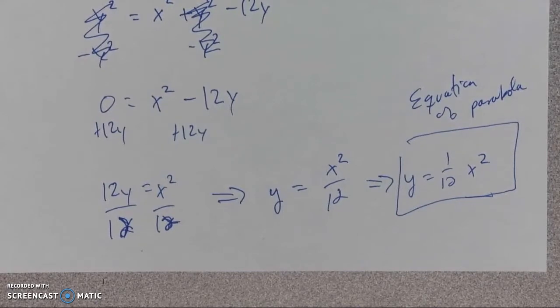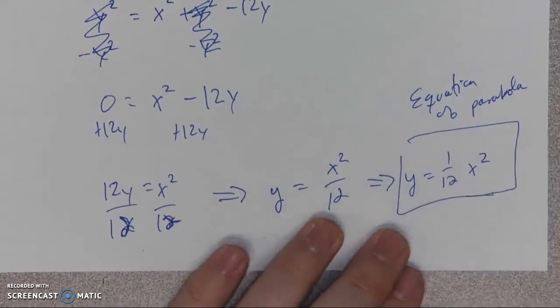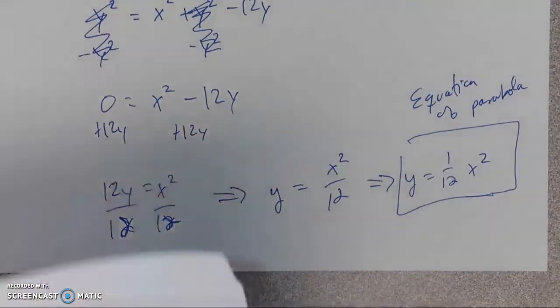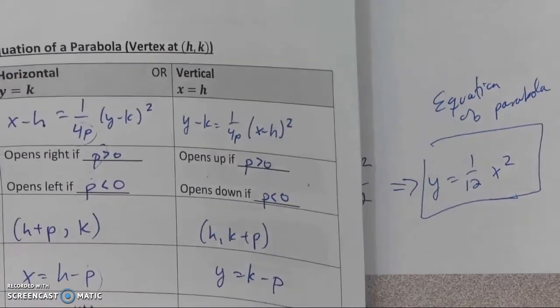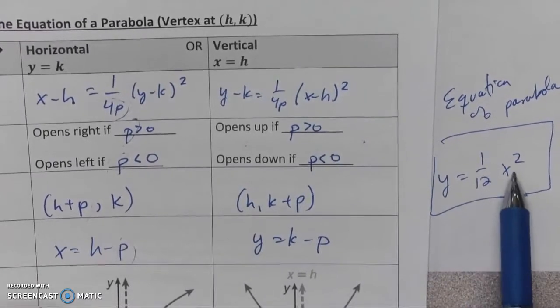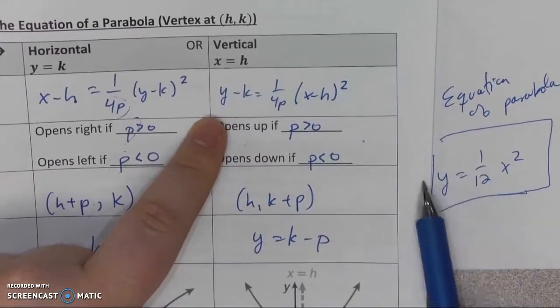The last thing we need to do is find the value of p. To find the value of p, I'm going to take this back to the page in your notes, which was page 13. Notice I have y equals 1/12 x squared. So this is clearly vertical.